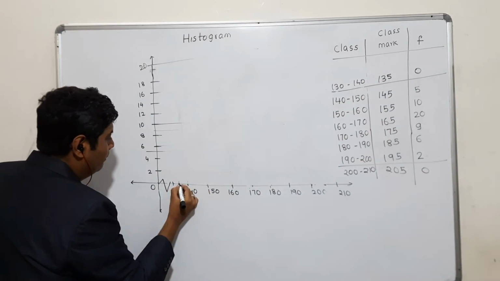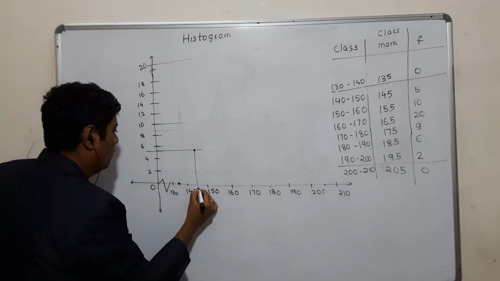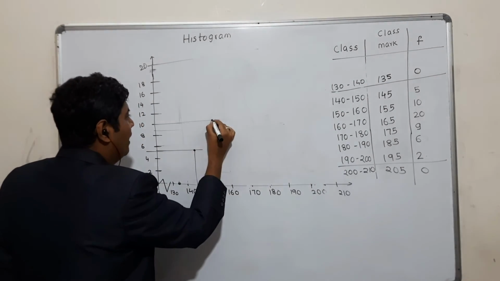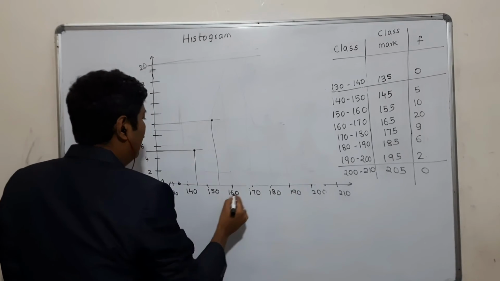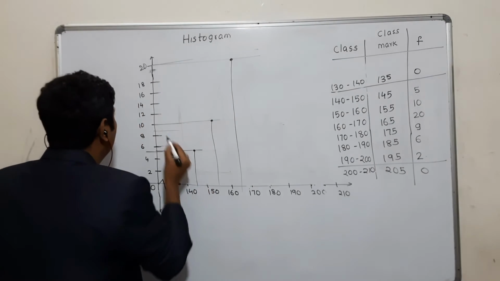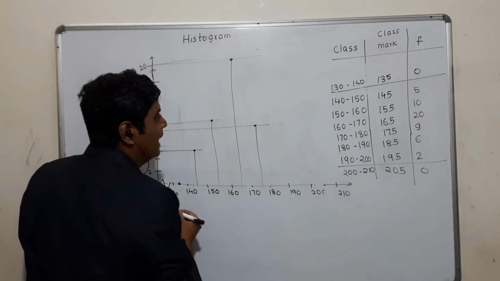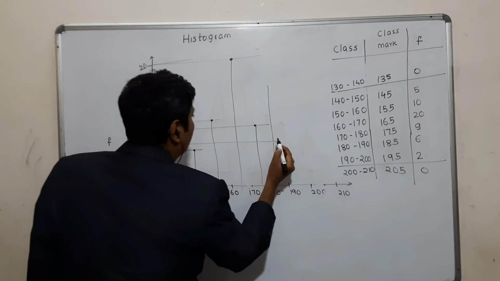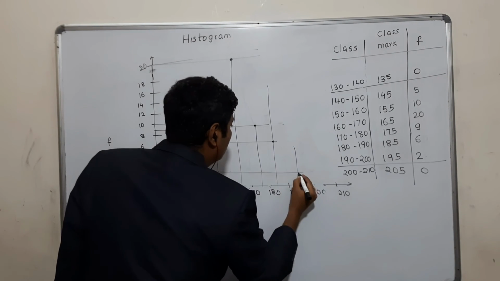So 135 it will be 0. 145 is 5. 155 is 10. 165 is 20. 175 is 9. 185 is 6. 195 is 2.